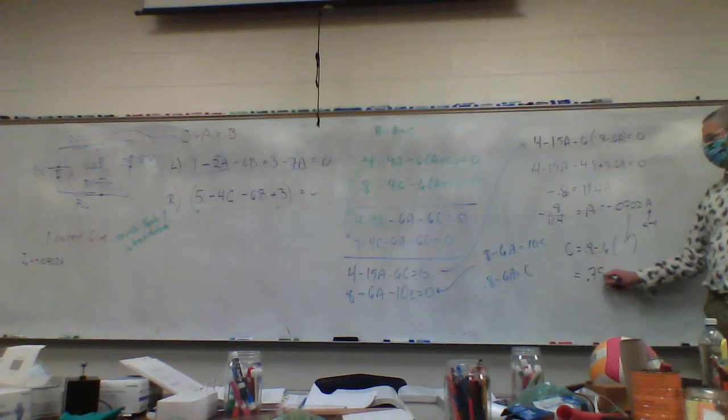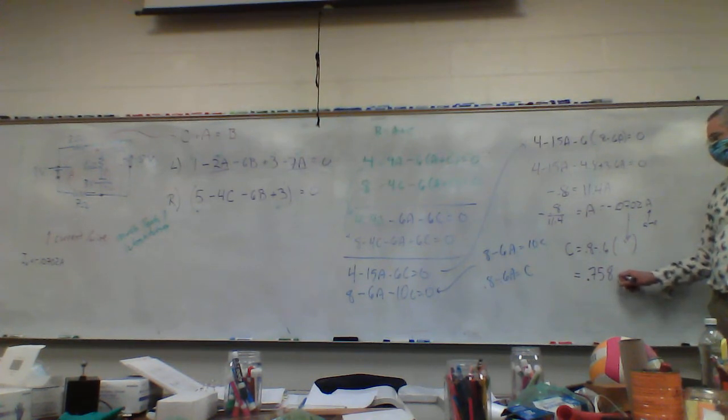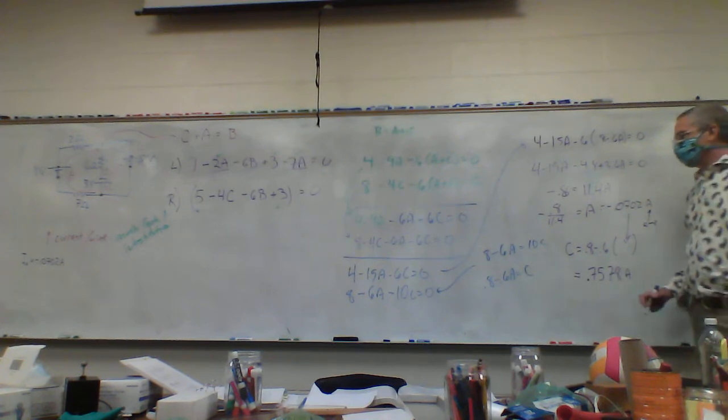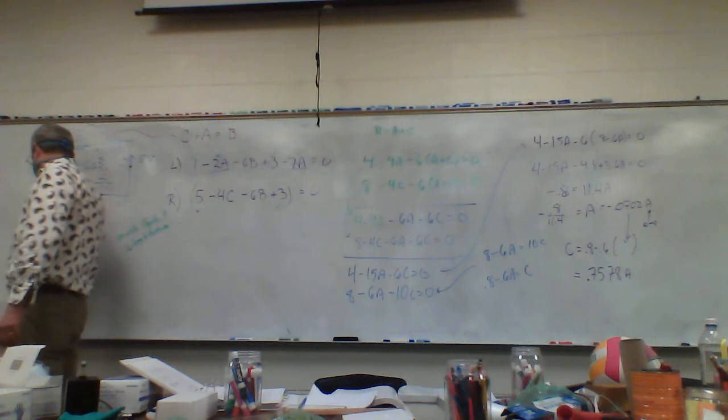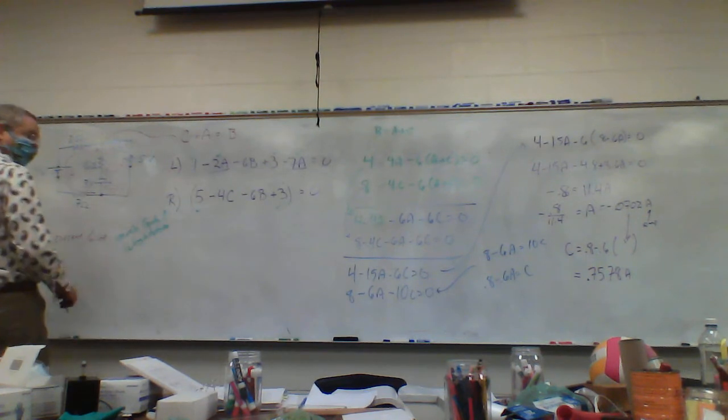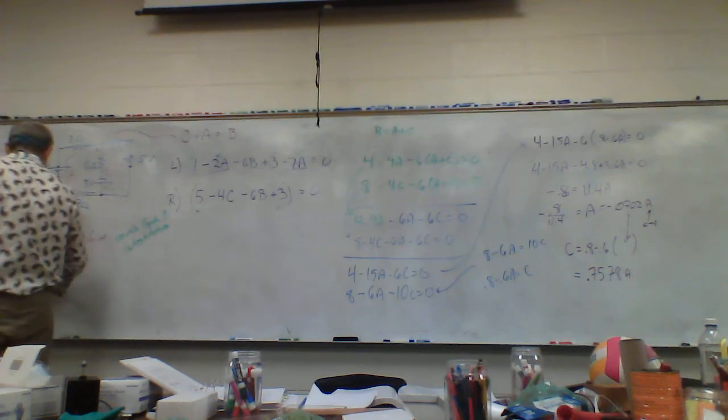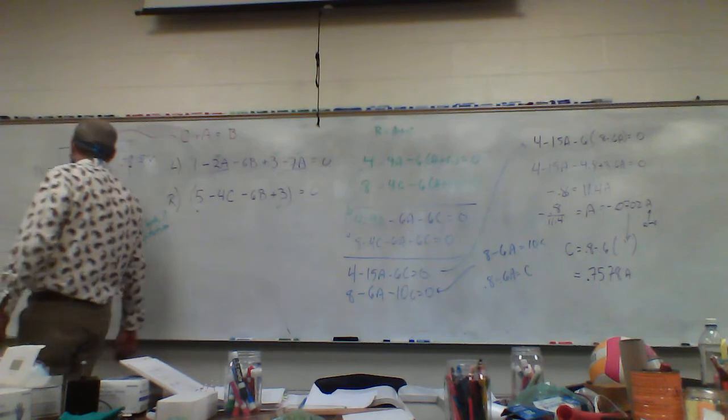Like 7.5 something? 0.758? Let's go one more decimal point. Well, it's 0.7578. All right. Current C is 0.7578 amperes.